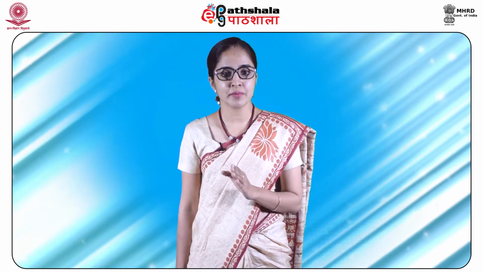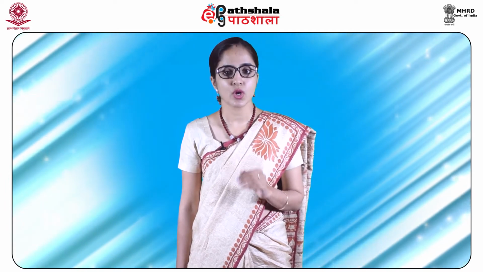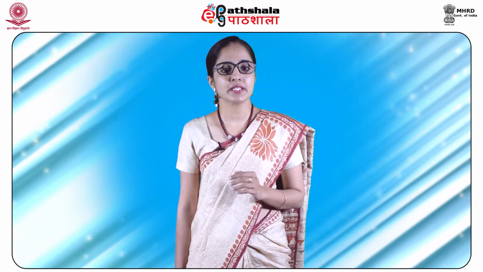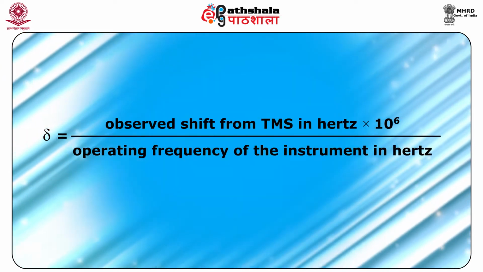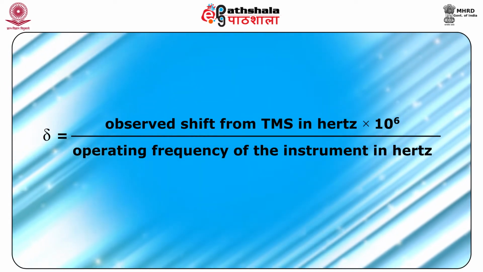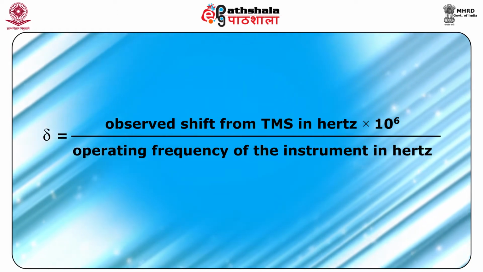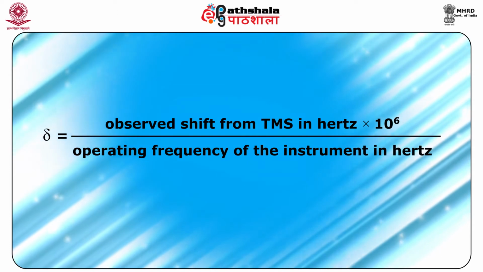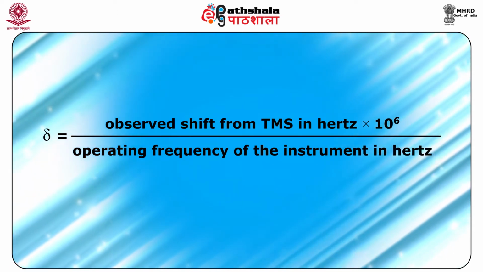One such unit is delta. The chemical shifts are generally expressed in delta values whose units are ppm, that is parts per million, and it is independent of the field strength. The chemical shift of a particular proton is defined as the difference in Hertz between the resonance frequency of the proton under observation and that of TMS divided by the operating frequency of the spectrometer.